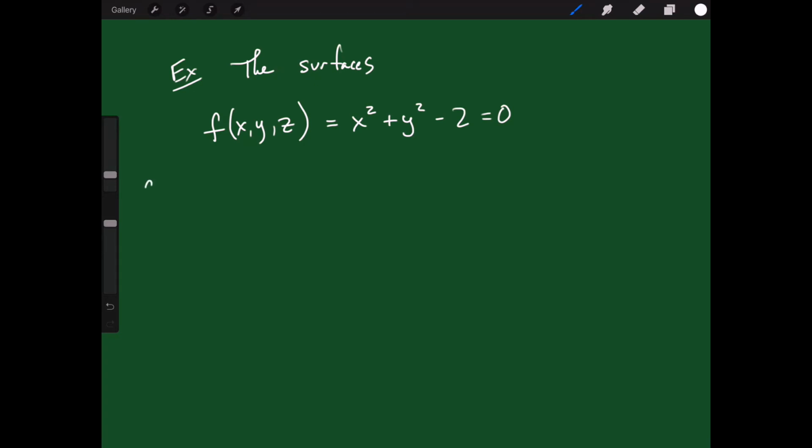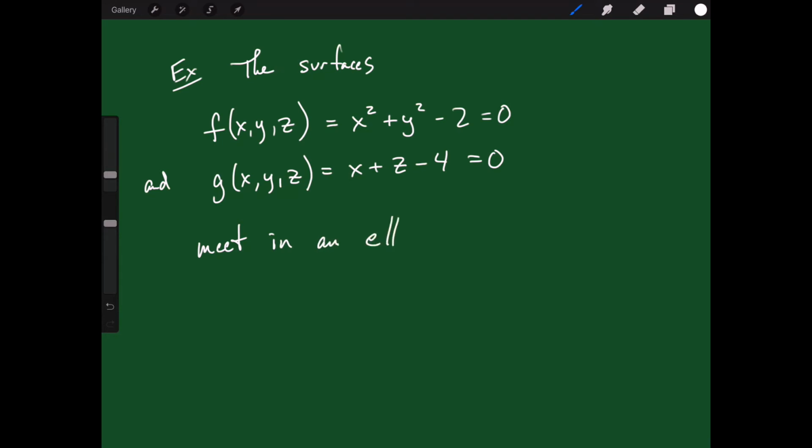And g of x, y, z, which is equal to x plus z minus 4 equals 0, meet in an ellipse. Let's call it E.